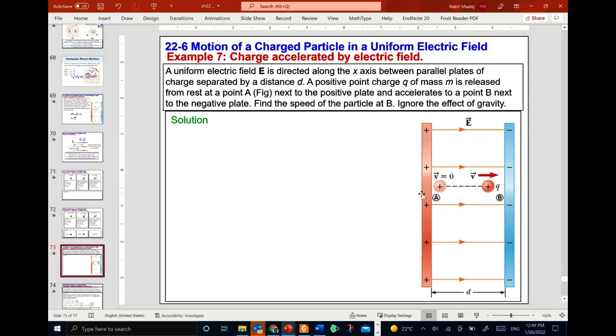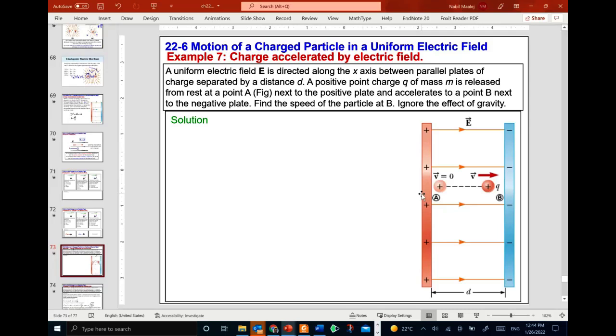Work done by a force is force times the displacement, or to be more accurate, F dot d. But since F and d are in the same direction, this work is just Fd. So I can write Fd equals K final minus K initial. K final is 1/2 m v final squared, minus 0, because v initial is 0.